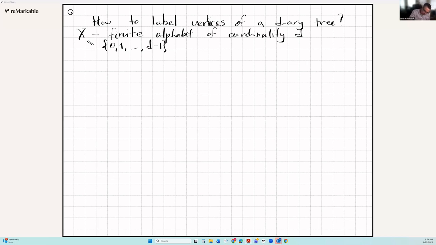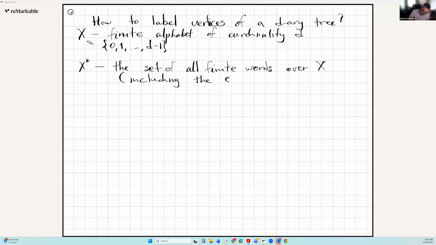And let X star be the set of all finite words over X, right? Including, of course, the trivial word, the empty word, which we will denote like an empty set.